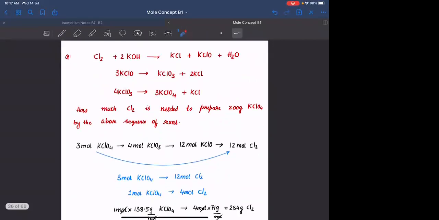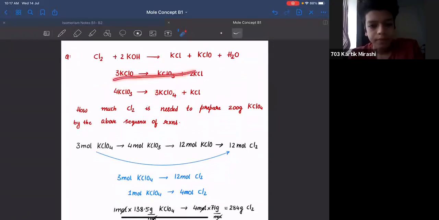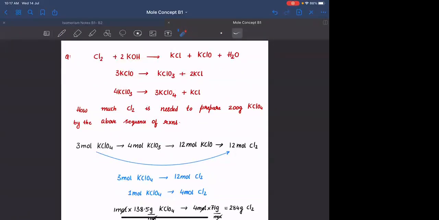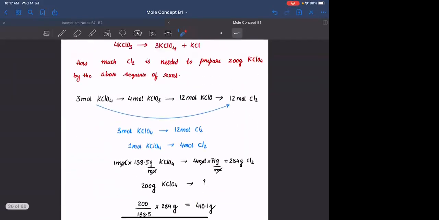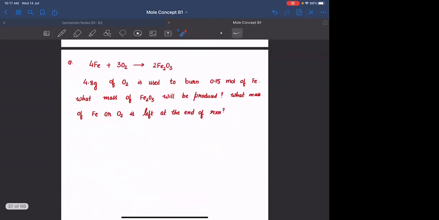Okay, I have taken the reverse approach. मतलब यहाँ से reactions को उल्टा देखते हुए I have calculated the amount of Cl2 required. I hope this is clear. If you have any doubt, you can ask me, or else I'm moving to the next question.